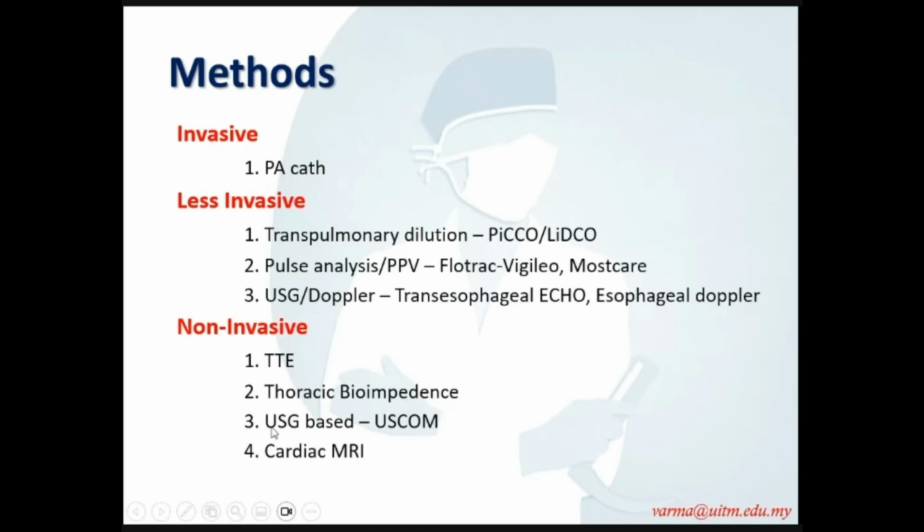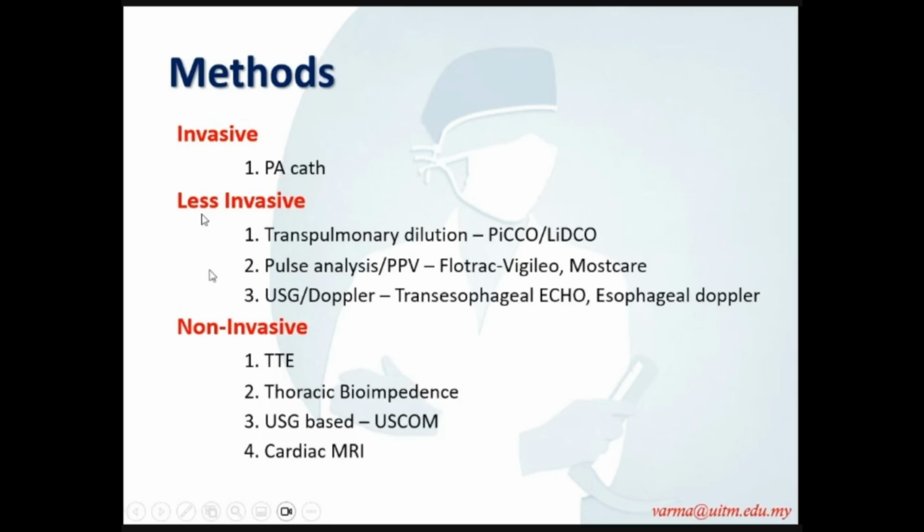Next, we have ultrasound-based USCOM. USCOM is an ultrasound of the heart, not really an echo, where you put your probe over the mitral valve and the aortic valve and you see the flow across the valve, and that will give you the cardiac output. And finally, cardiac MRI, where we inject some dye and measure from there.